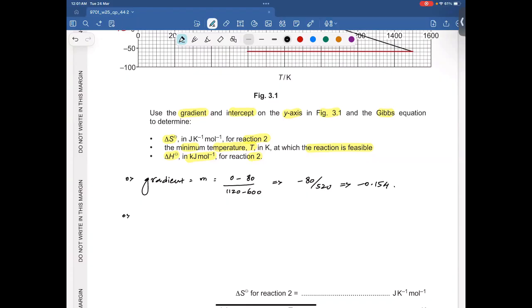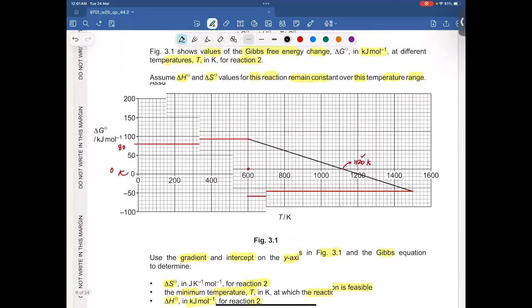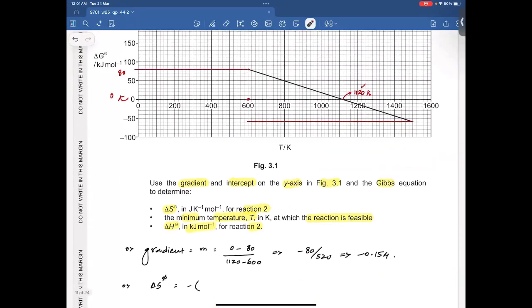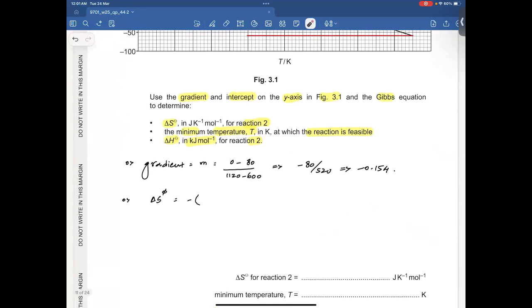I have to calculate the delta S naught, and delta S naught is basically minus the gradient. The value we got is minus 0.154, so the value is going to be plus 0.154 kilojoules.